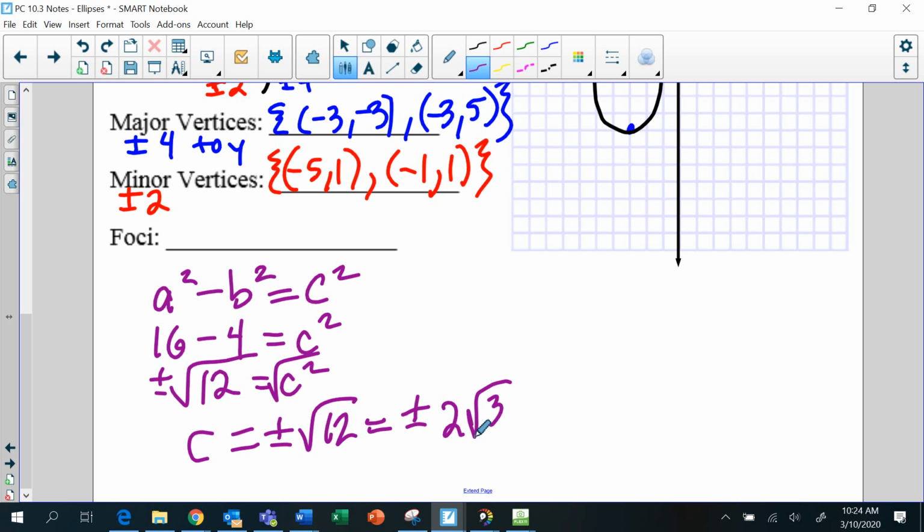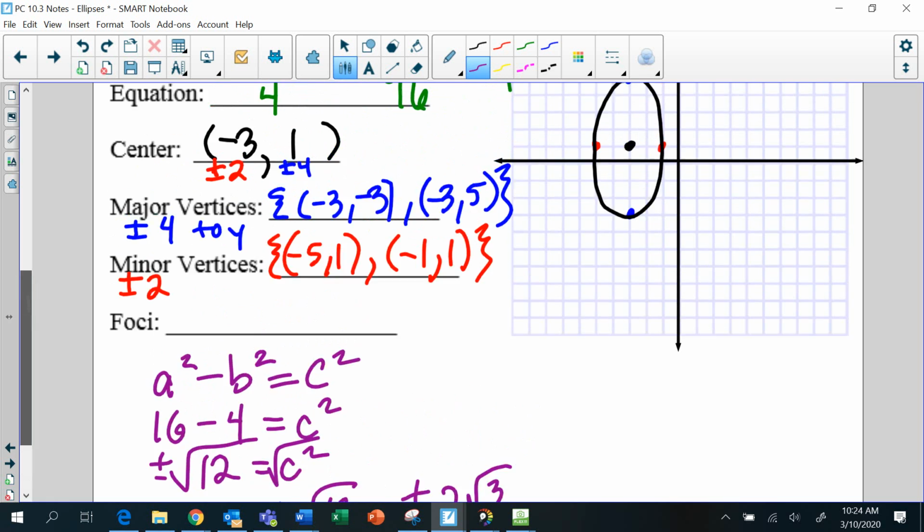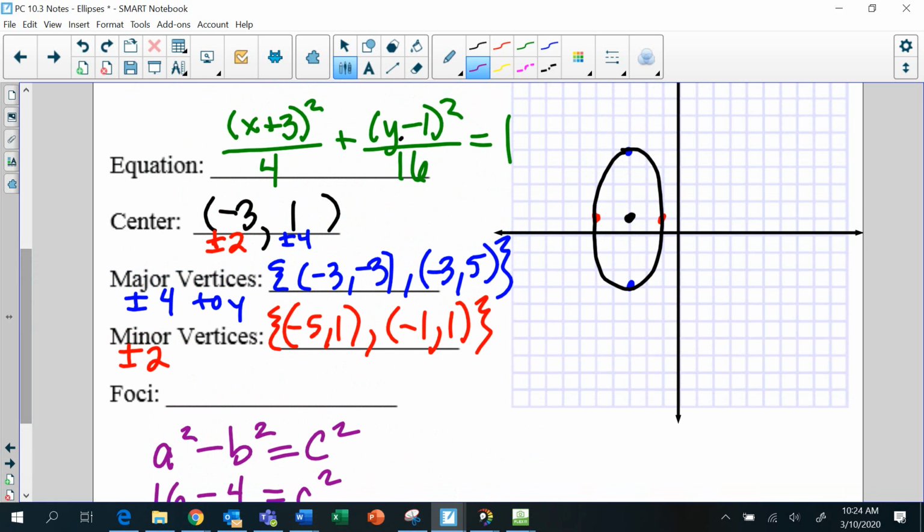Now, how do I know what the x's or y's? What do I add the foci to? Does anybody remember? Somebody talked about it on the top. The major side? Yeah. So I look at the bigger number, under the y's.